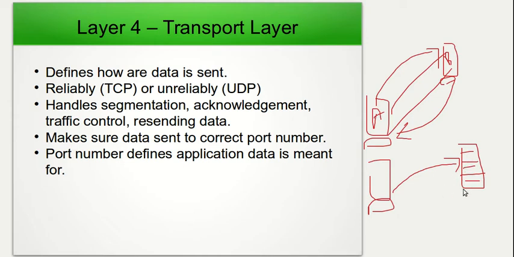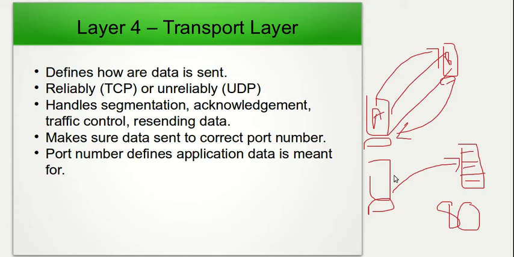It looks at the port number. The port number defines the application on the device that the data is meant for. So in this case, HTTP uses the port number 80. By defining a port number of 80, we're saying that this data is meant for the web server application on this device, which ensures correct delivery.